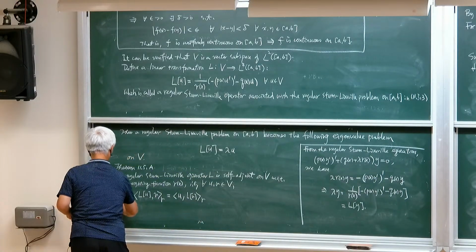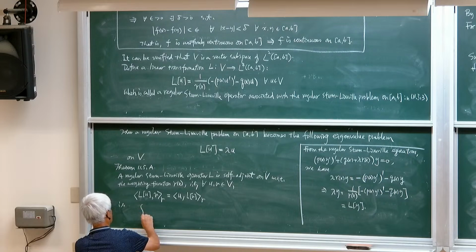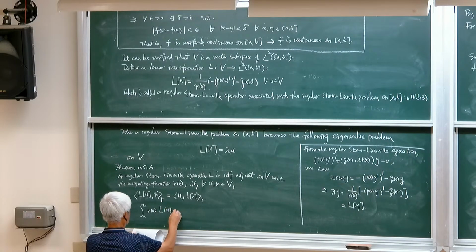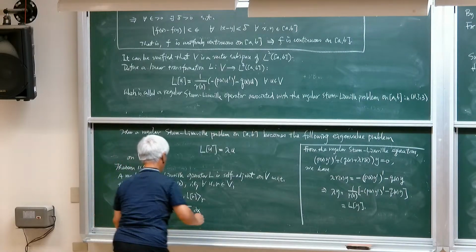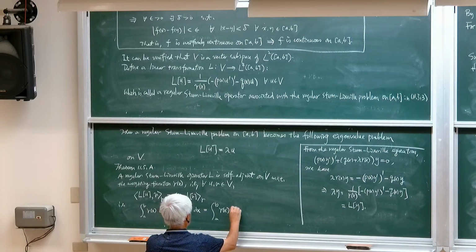That is, the integral from a to b of R of x, L of U, times V bar dx, which is the inner product here, is equal to the integral from a to b of R of x, U, times L of V bar, dx.